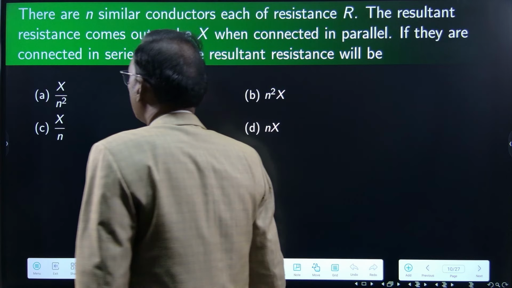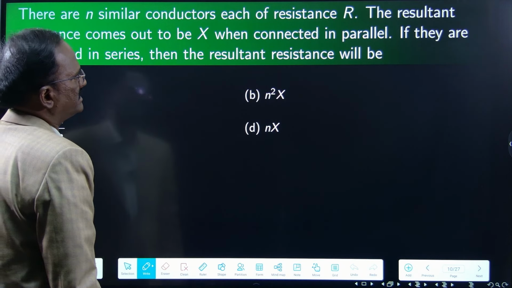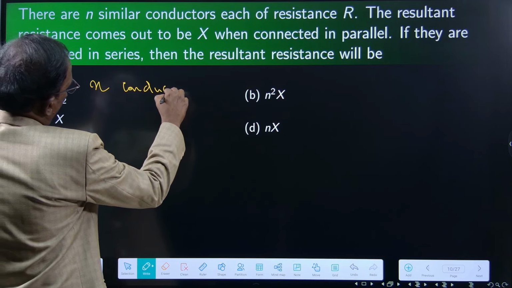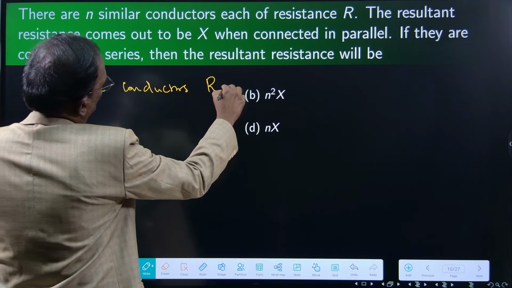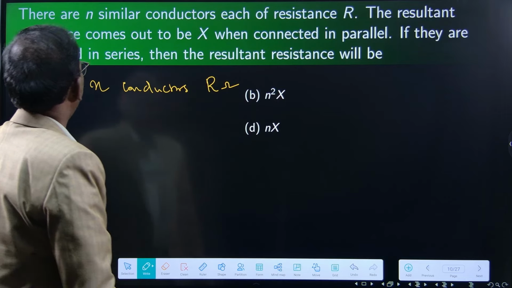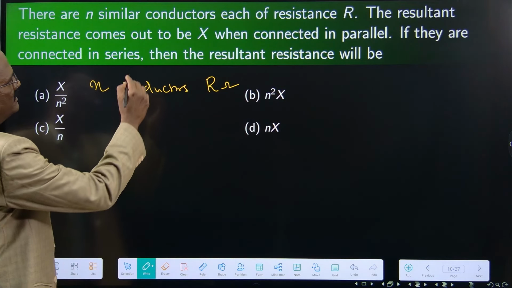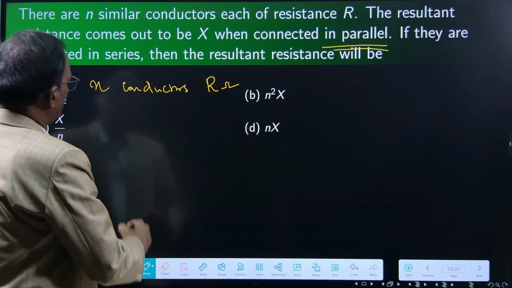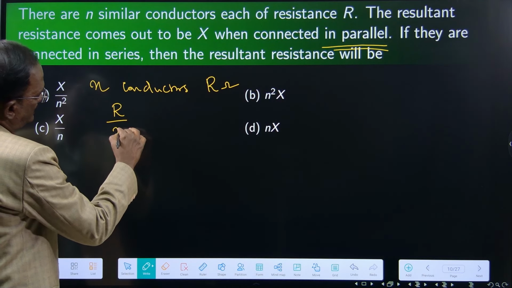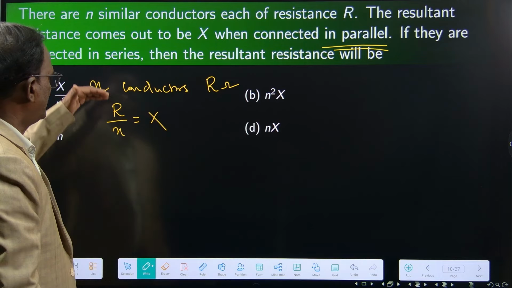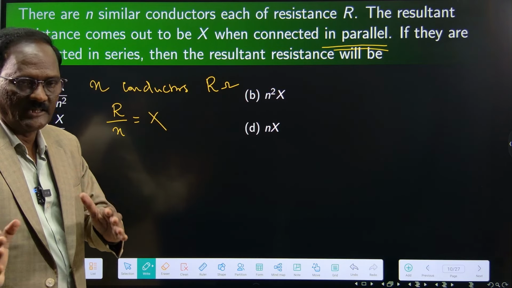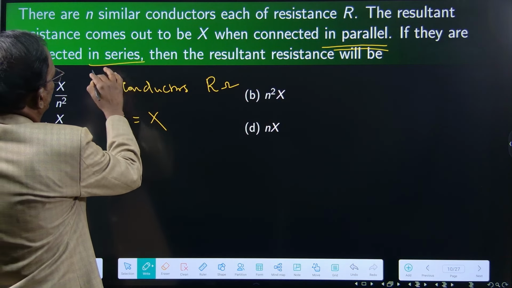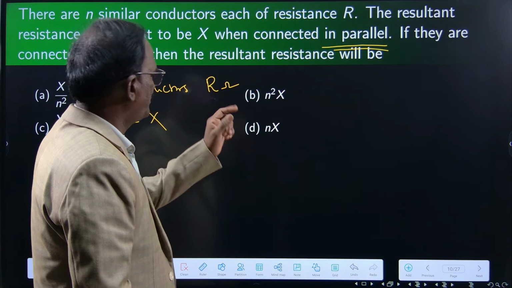Next, there are n similar conductors, each of resistance R ohms. The resultant resistance comes out to be X when connected in parallel. When connected in parallel, that is R by N is equal to X. N conductors are connected in parallel, so R by N is equal to X. If they are connected in series, then the resultant resistance will be what?